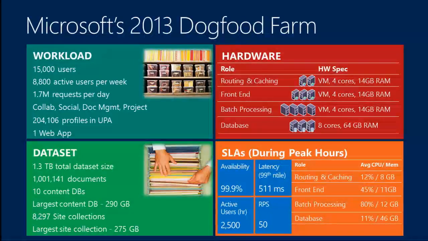And then we have 3 databases. We actually run SQL on physical machines. We use 8 core machines with 64 gigs of RAM. And we actually don't use a lot of CPU on them. We do use all the RAM eventually because SQL is caching stuff in memory. One of those SQL databases we fully dedicate to the logging DB.